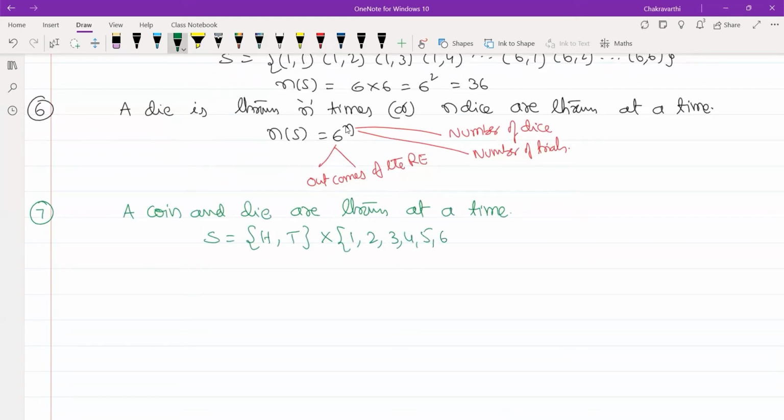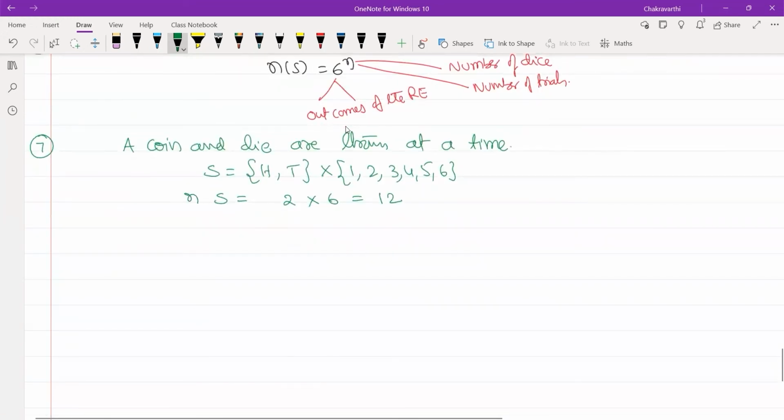The die has 1, 2, 3, 4, 5, 6. Now, the sample space contains 12 points, 2 into 6. That is N of S. The complete sample space looks like this.